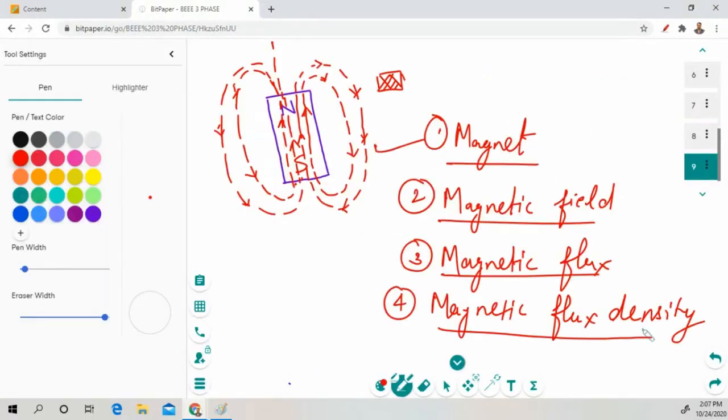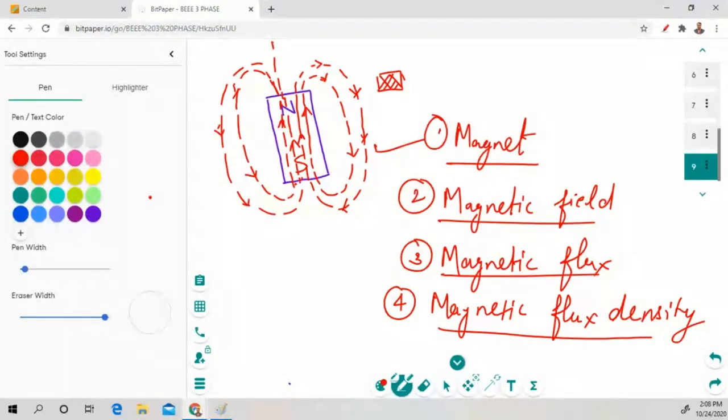So what is a magnet? As I have told you, a magnet consists of north and south poles. What is magnetic field? In a magnet, the field from north to south pole is called the magnetic field. What is magnetic flux?